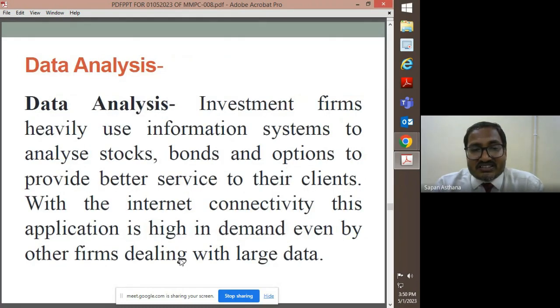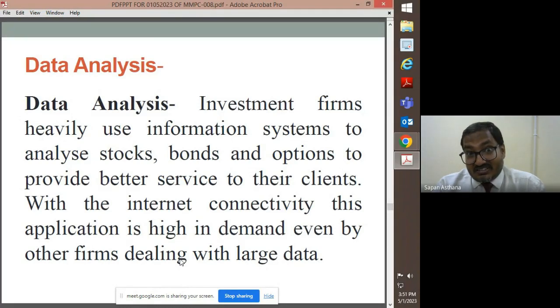In data analysis, the investment firms heavily use information systems to analyze stocks, bonds, and options to provide better service to their clients. With internet connectivity, this application is in high demand even by other firms dealing with large data.